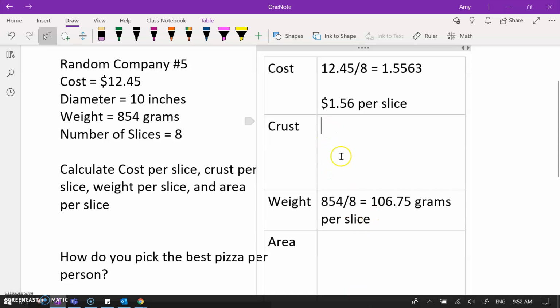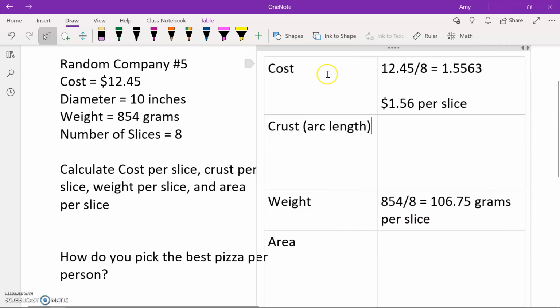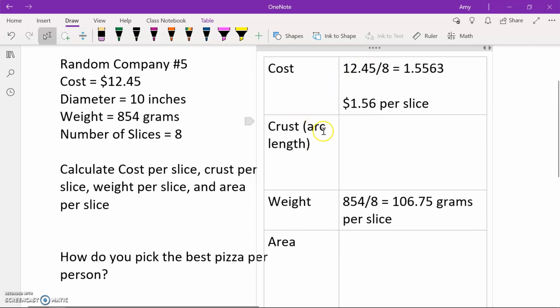Now, crust and area. Our crust is actually going to be our arc length. So we know that we want 1/8 of our pizza because we have 1/8 of the number of slices. So I could do 1/8 times the circumference of the circle because I want 1/8 of our total crust, which in this case we're saying our crust is our circumference.